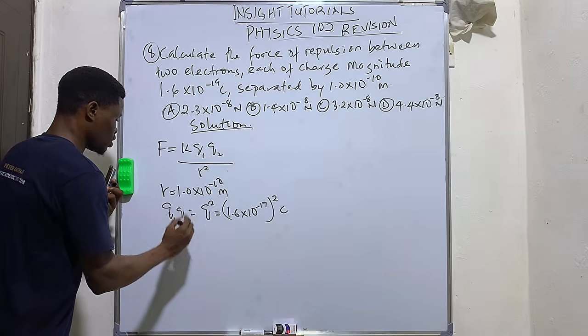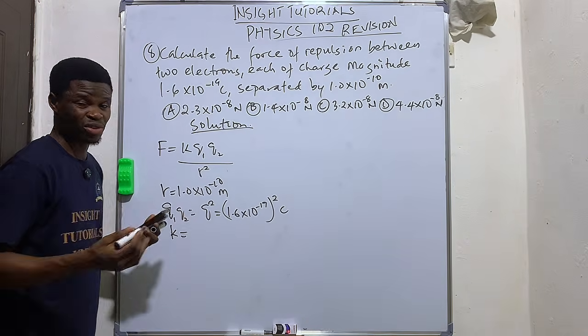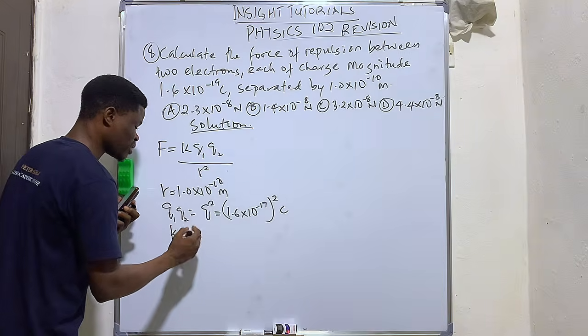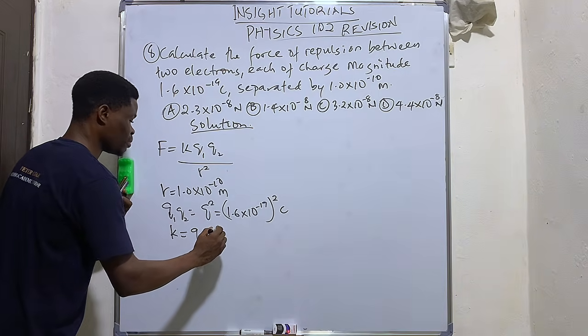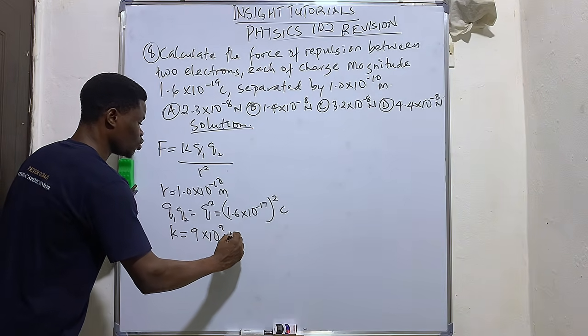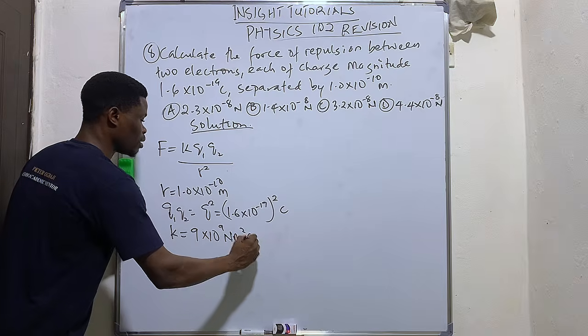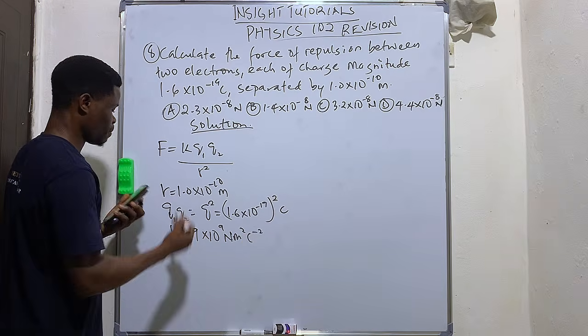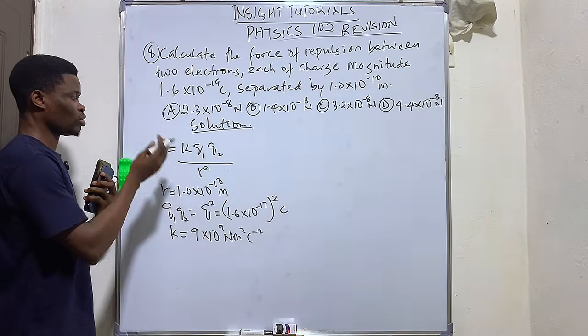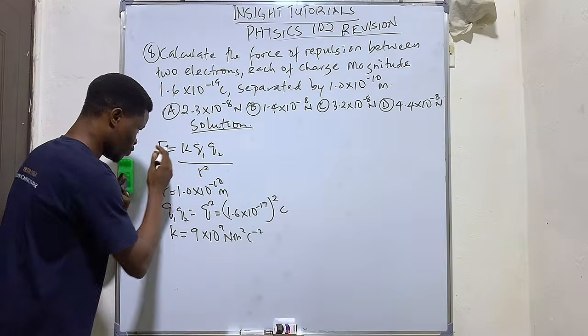And K, which is the Coulomb constant, most of the time is given as 8.89, but approximately we could write it as 9 times 10 raised to the power of 9 Newton meter squared per Coulomb squared, right? So what we have here now is we could solve for the force.